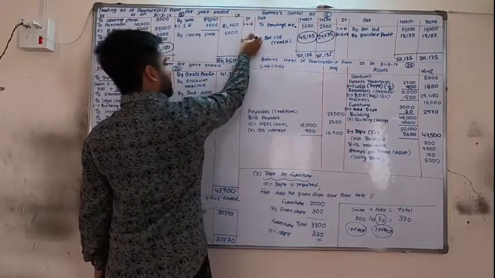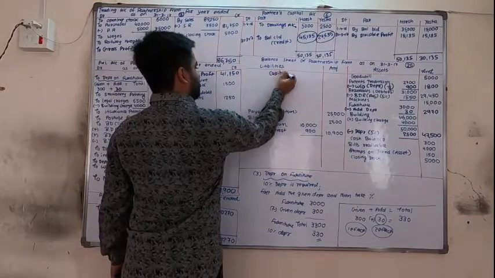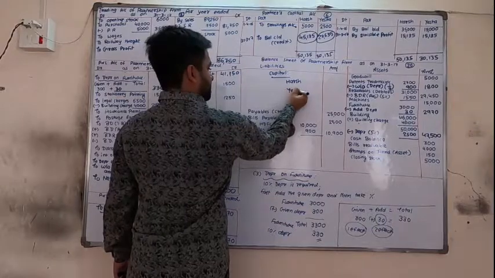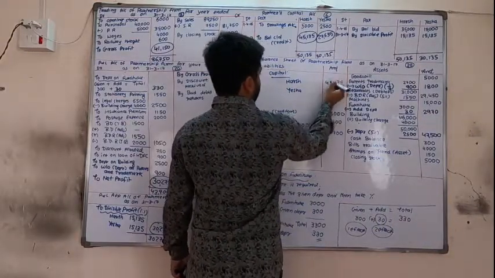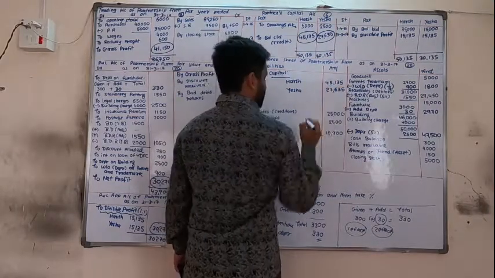Credit balance is on the liability side. Capital: Harsh, Yesha, 45,135 and 27,635.